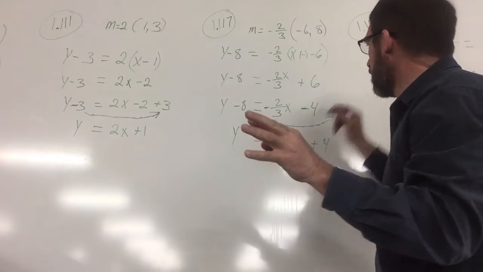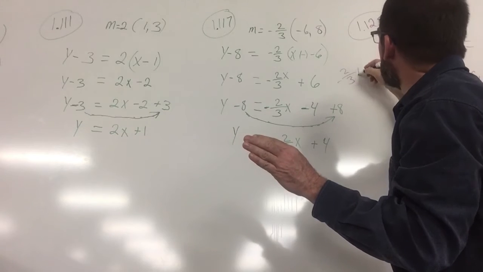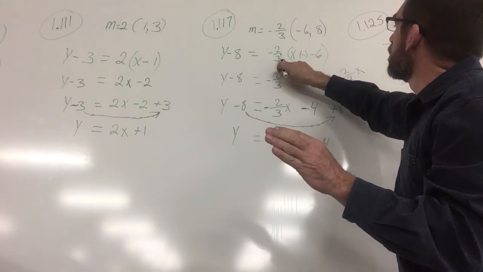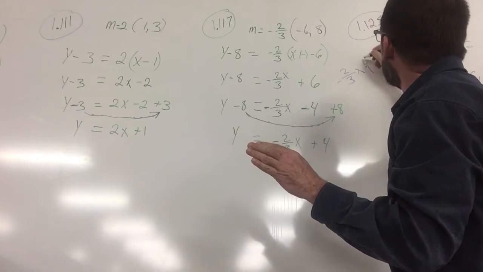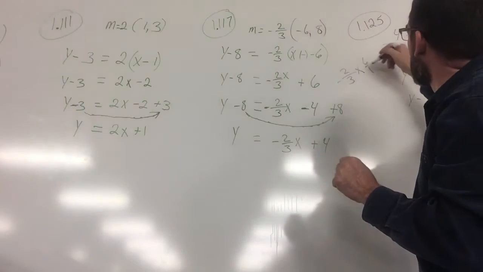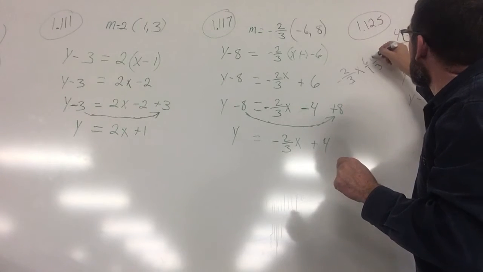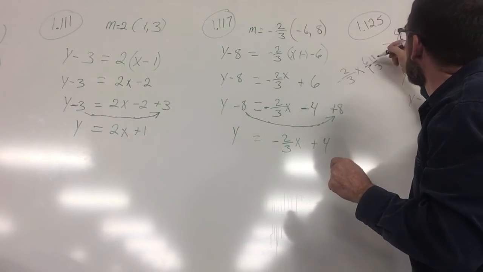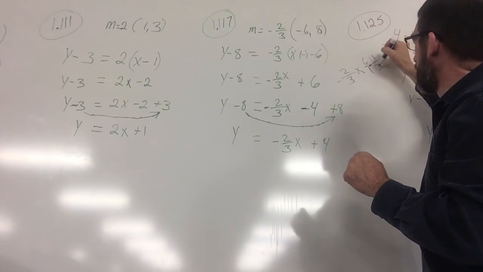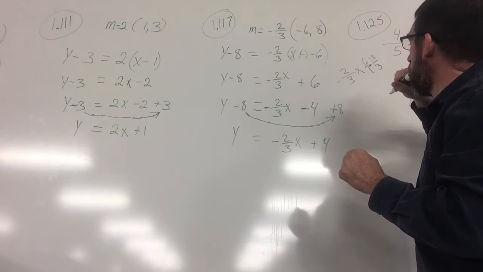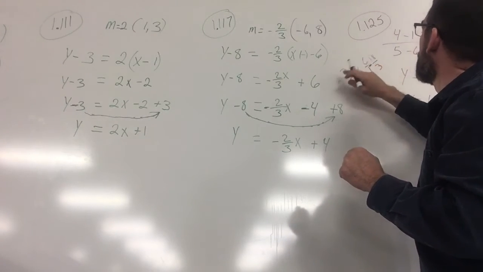Okay, now you see how I got that? I went over here on the side. I went -2/3 times, because I was multiplying, times 6/1. So when I did that, I had 3 times 1 is 3. 2 times 6 is 12.